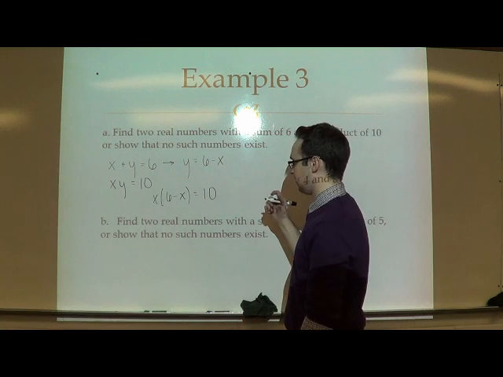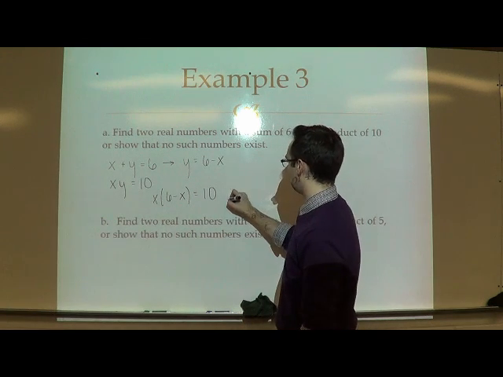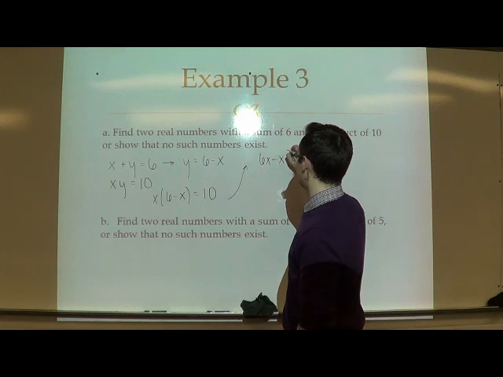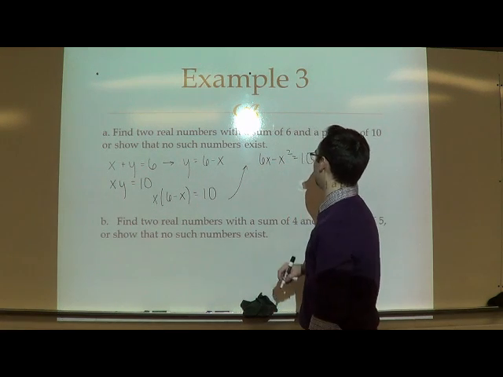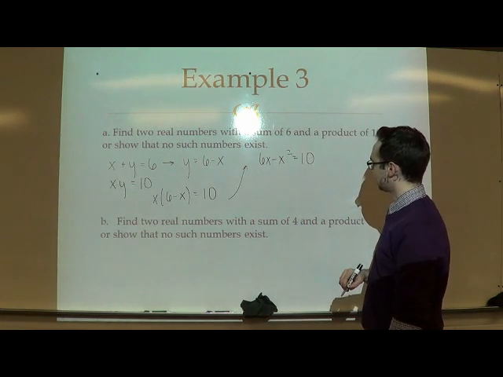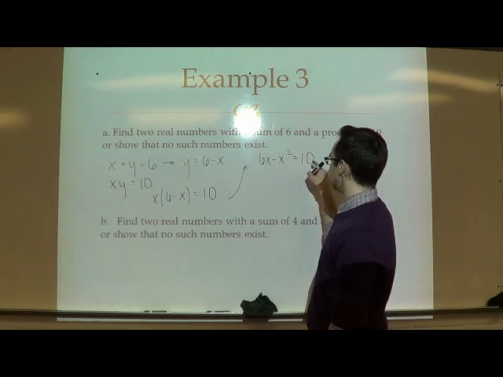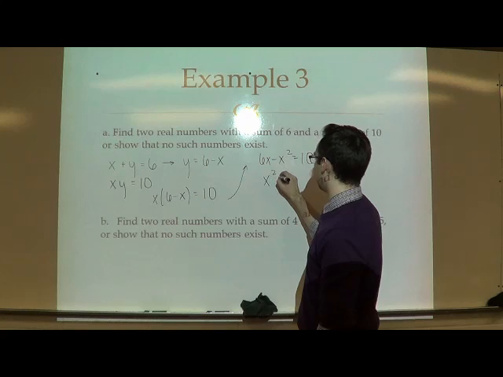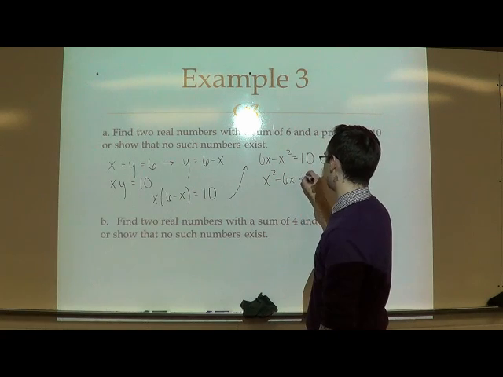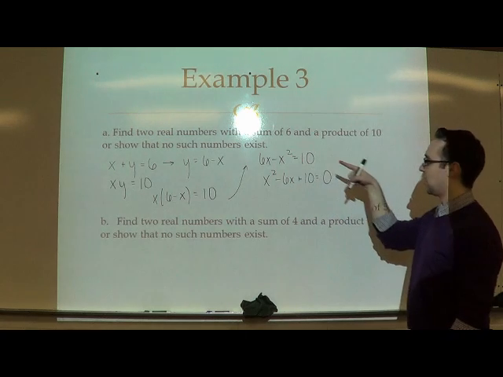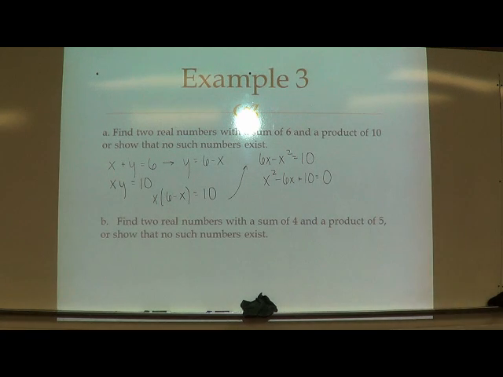When I distribute that, we're going to have 6x minus x squared is equal to 10. I'm going to set this equal to 0, so we have x squared minus 6x plus 10 is equal to 0. And now we're looking at the same thing that we had before, that same quadratic.